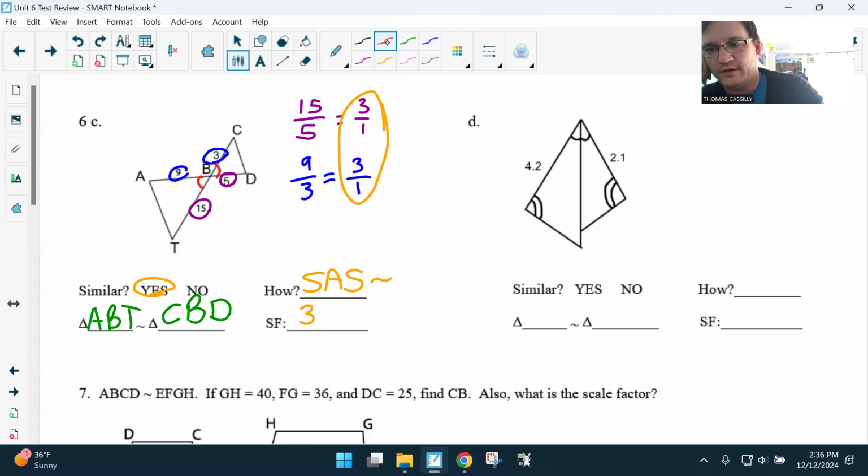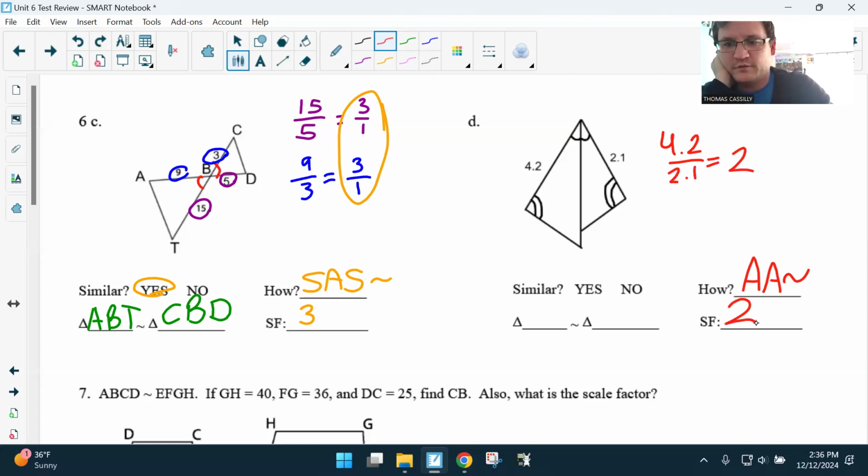All right, the next one. This is similar by angle-angle. We can see right off the bat, and then let's compare the sides. I got a 4.2 divided by 2.1. What does that equal? That's 2. So there's my scale factor of 2. Again, if you went the other direction, it would be 1/2. So these are similar, and there are no letters on this one.